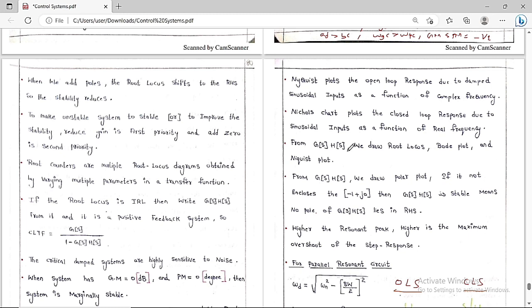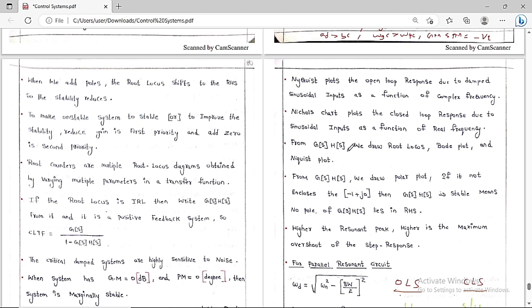The Bode plot, polar plot, and the Nichols chart use only the real frequency, whereas the Nyquist plot uses the complex frequency.